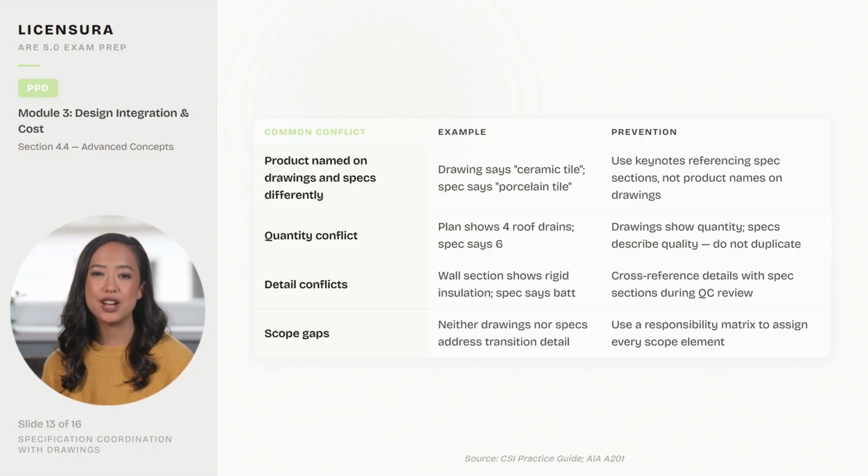Owner-directed changes require documentation and assessment of cost and schedule impact, with a request for additional services fees. Code-driven changes from officials are implemented as basic services if within original scope. Coordination changes resolved between consultants carry no additional fee under normal circumstances.